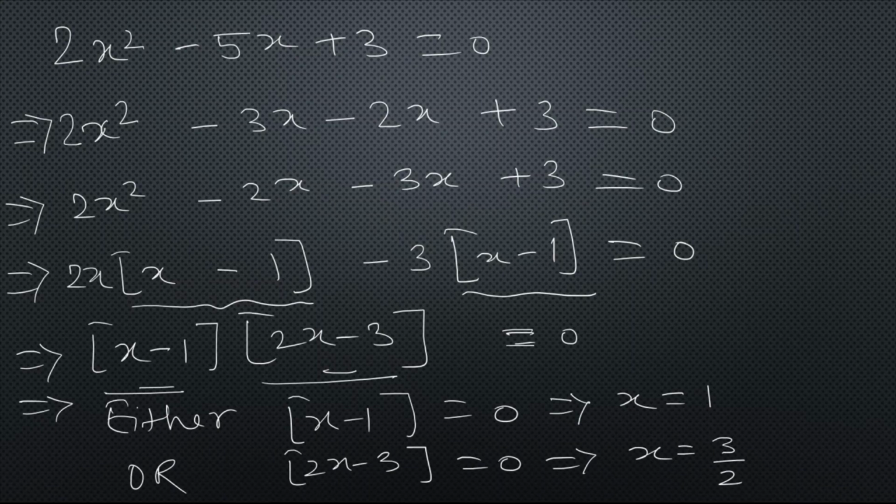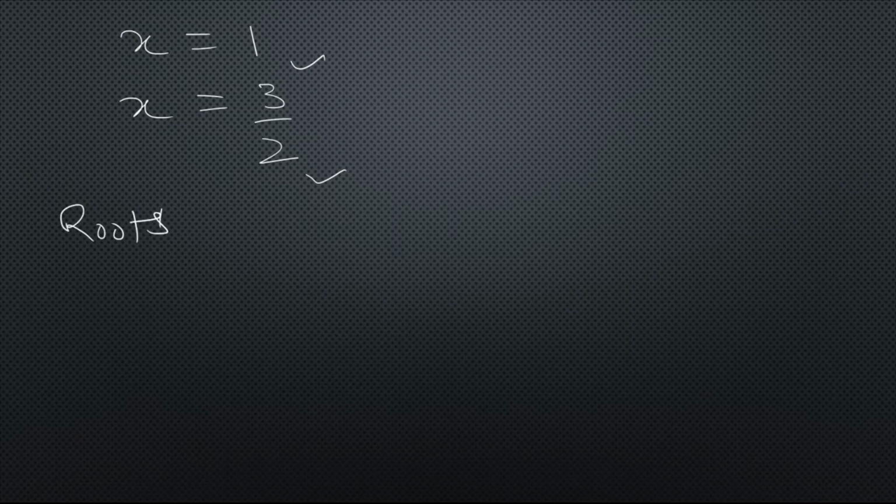So, what we found? X is equal to 1 and x is equal to 3 by 2, right? So, according to this, 1 and 3 by 2 are the roots of this quadratic equation. So, roots is equal to 1 comma 3 by 2.